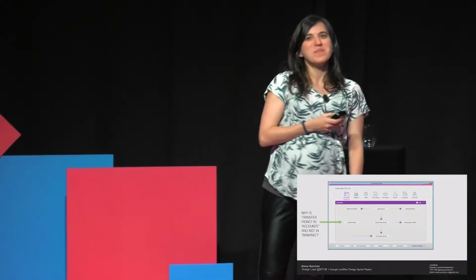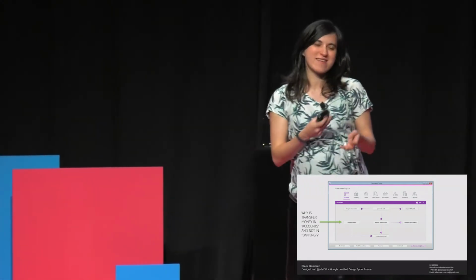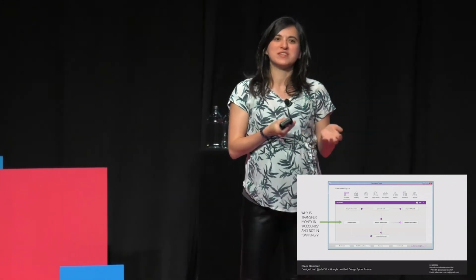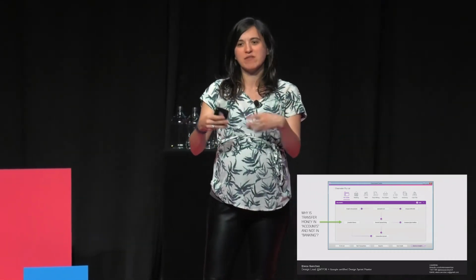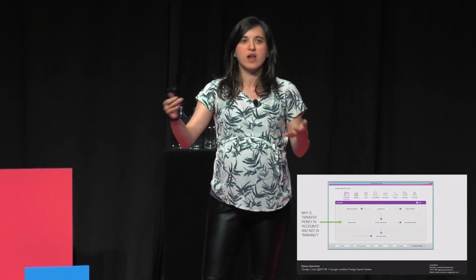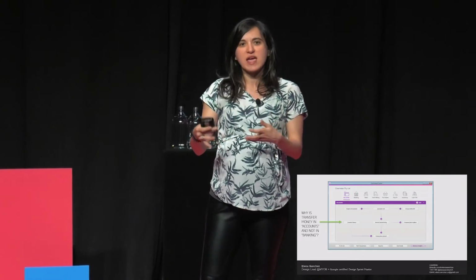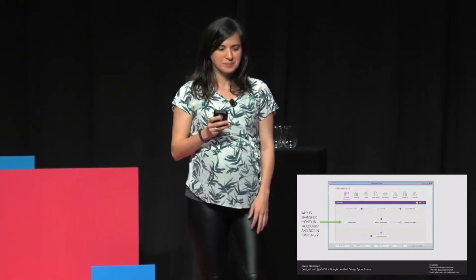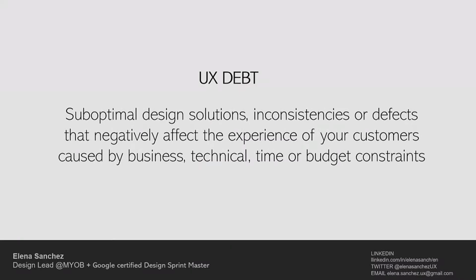That got me thinking about UX debt and how some of the decisions that we make today might have an impact not only tomorrow and on our customers in the next year, but also, if we are designing our products to last over time, how will they restrain our future choices later down the track? So I got interested in this concept of UX debt.